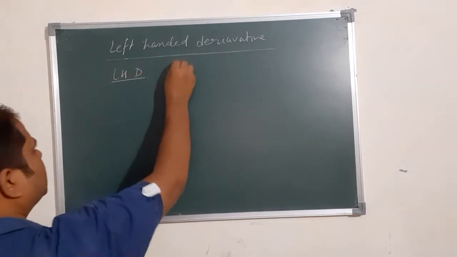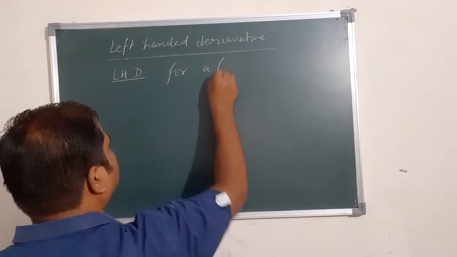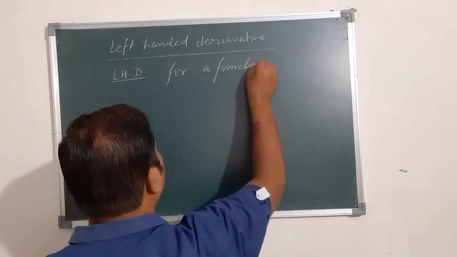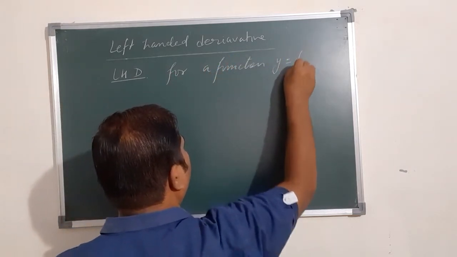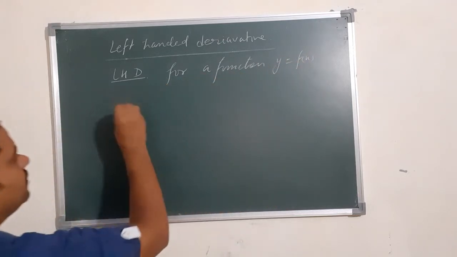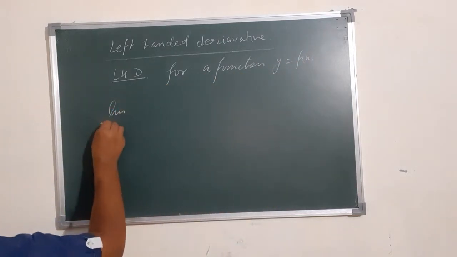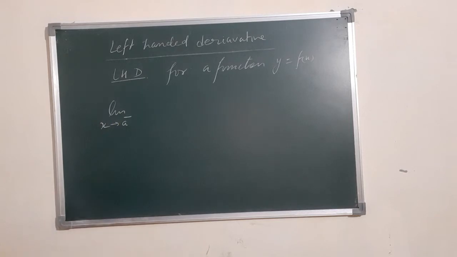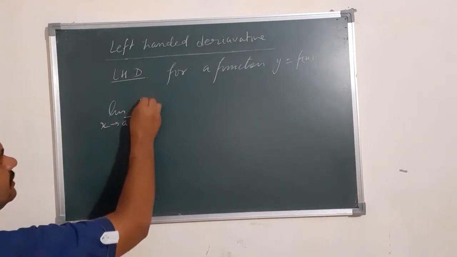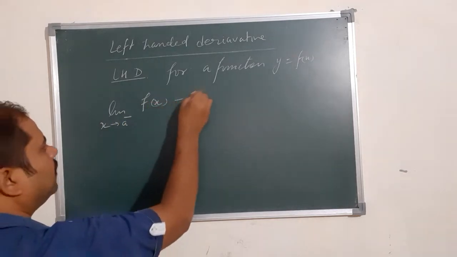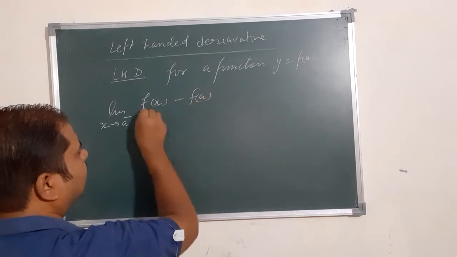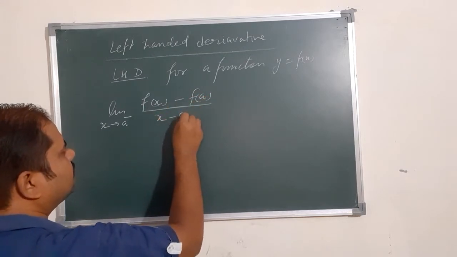So for a function y is equal to f(x), LHD is defined as limit x tends to a minus of (f(x) minus f(a)) divided by (x minus a).